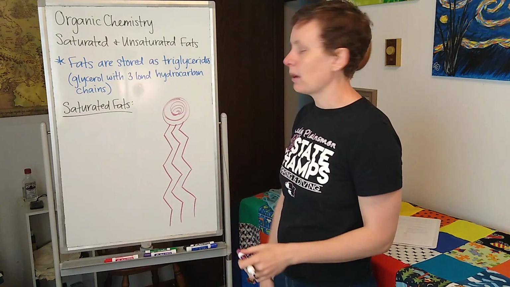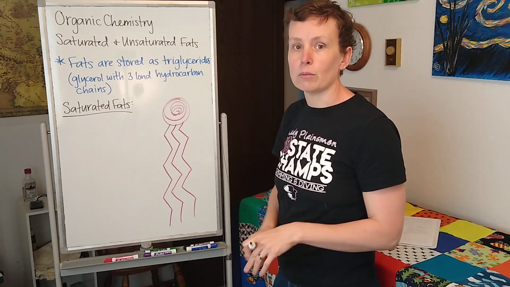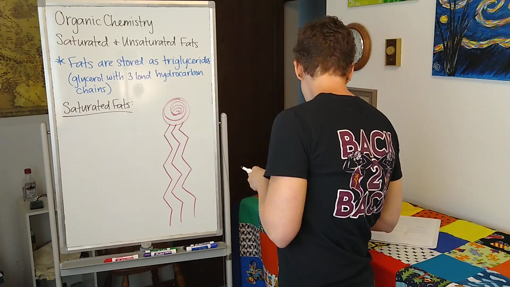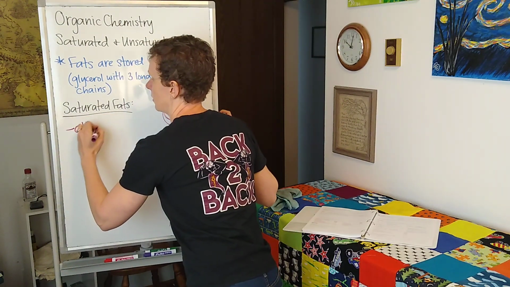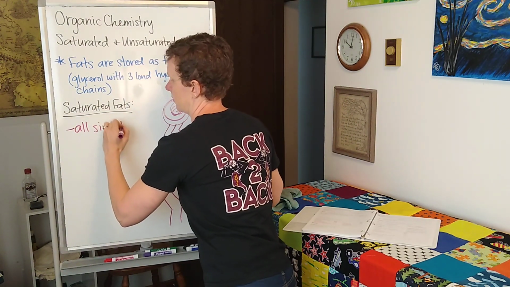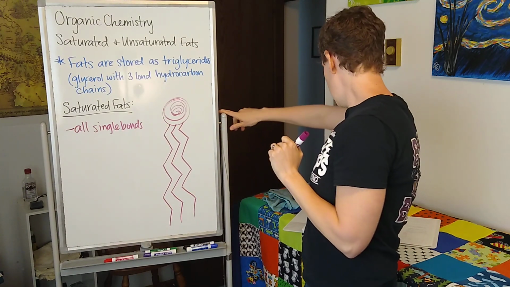Okay, so now let's talk about saturated fats and give you some facts about these before we move on to unsaturated fats. Again, all single bonds because they're full of hydrogen, saturated.